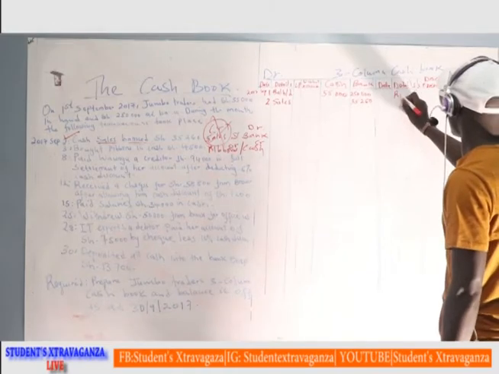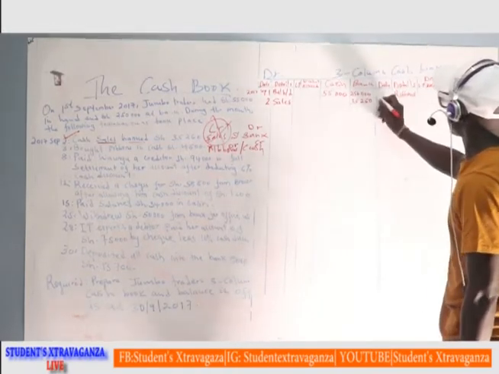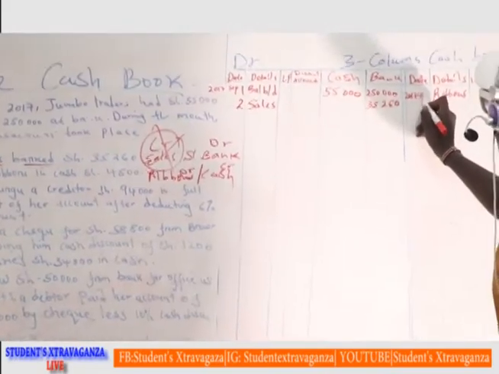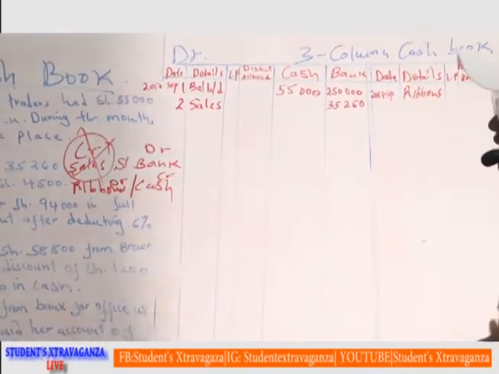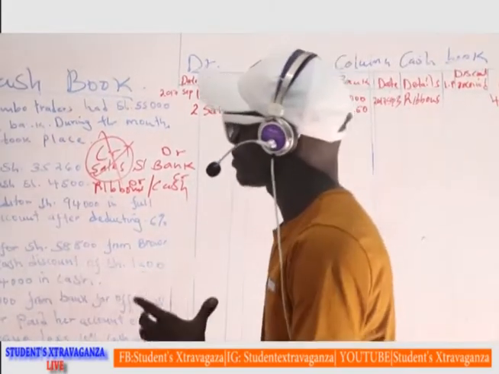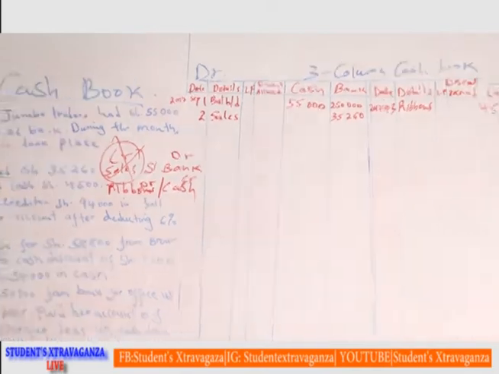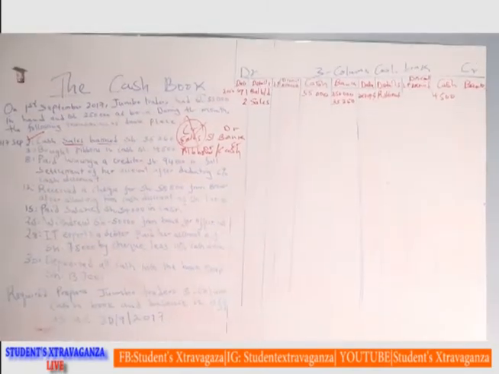Details will be ribbons. Date is 2017 September 3rd. Bought ribbons in cash 4,500.